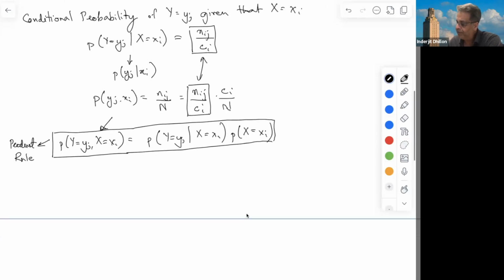Just to summarize, I have two rules. This is the sum rule, which I'm now writing in terms of the random variables. You get the marginal distribution by marginalizing, or summing over all the y outcomes.